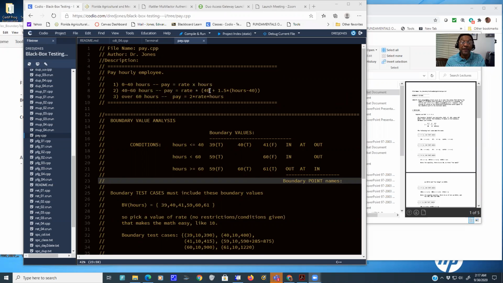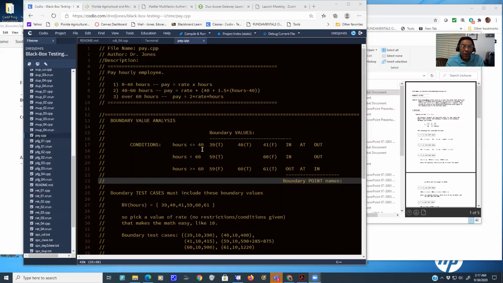So you get paid for 40 hours at your standard rate, and you get paid for 1.5 times the hours above 40. That's the overtime. And if you work over 60 hours, you get double your pay for all the hours.